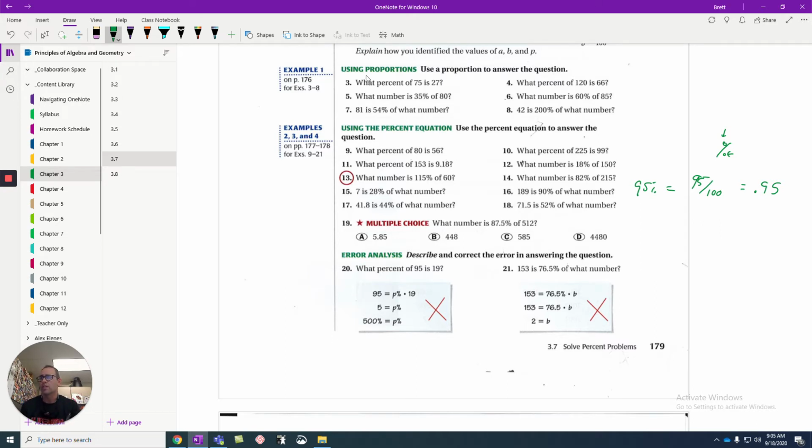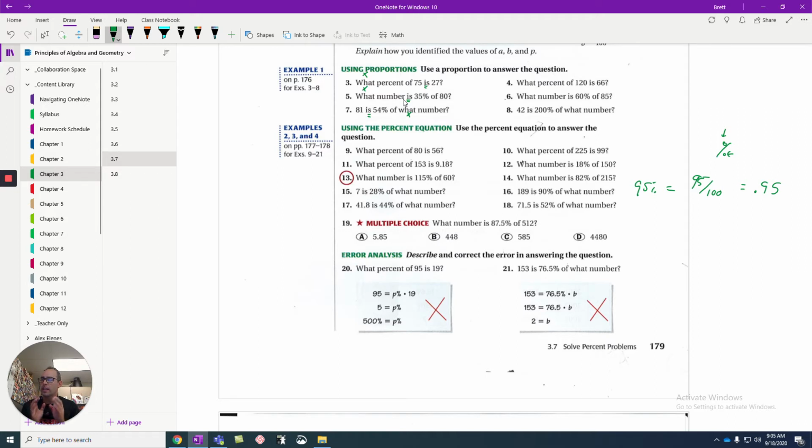So a couple things. First off, the word what we're always going to represent with an X. That's pretty straightforward. The word is we're always going to represent with an equal sign. So if we go through these three right here, I've just created an X and an equal sign.